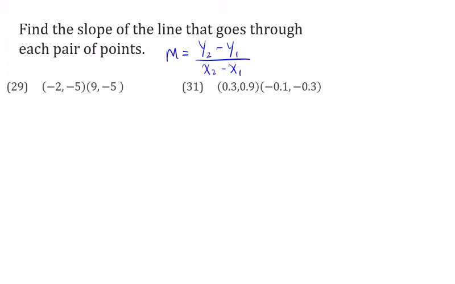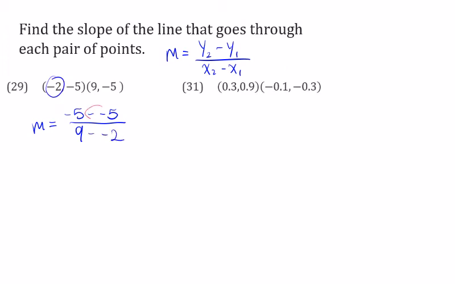So for 29, y2 is negative 5, right? Minus y1, which is also negative 5. Kind of looks like a special case maybe. All right, then on the bottom we'll do x2, which is 9, minus x1, which is negative 2.